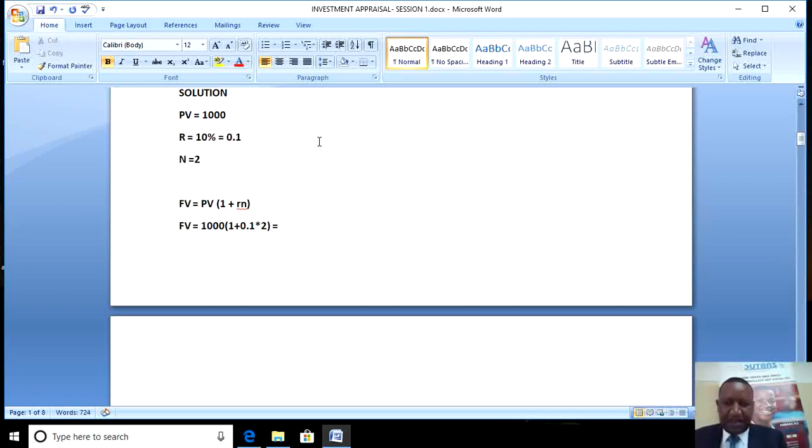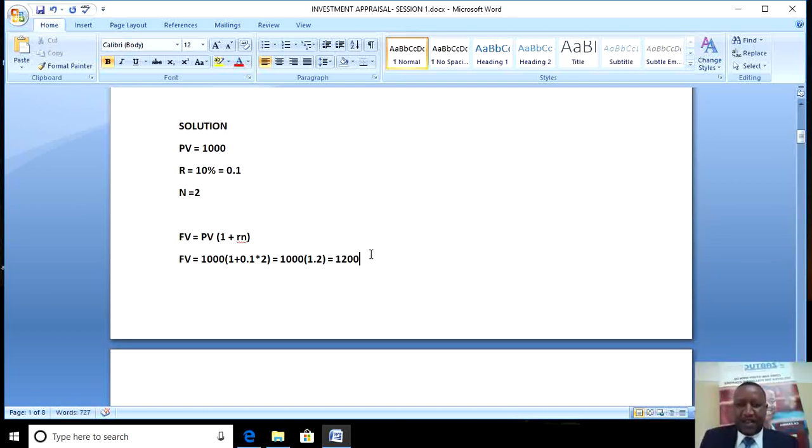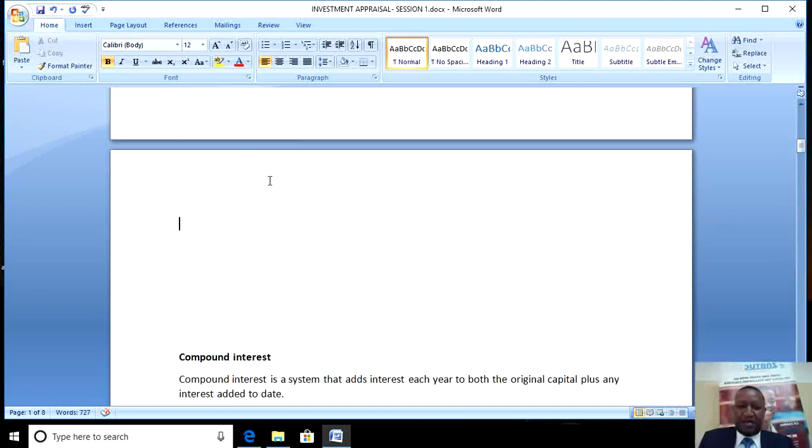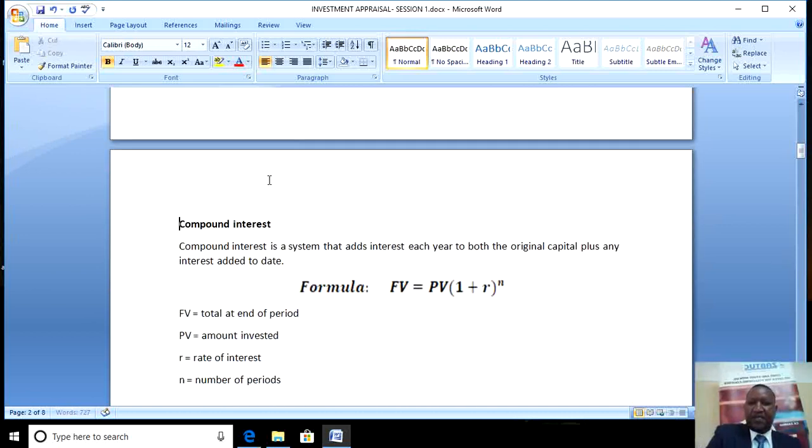So tap that in your calculator. You should have 1,000 multiplied by 1.2, and finally that will be 1,200. So how much will be in the account at the end of 2 years? That's going to be 1,200 in the account. That's the amount that investment will generate.